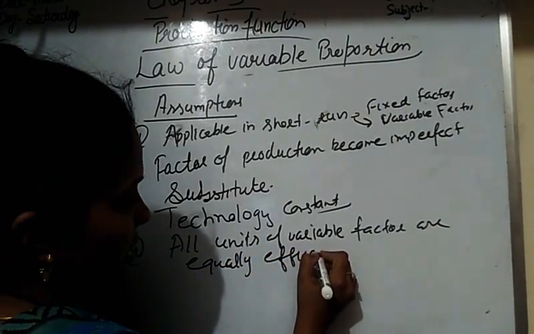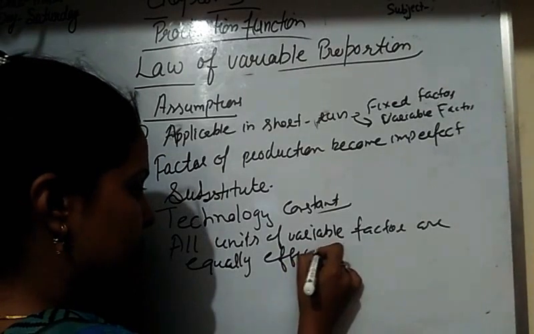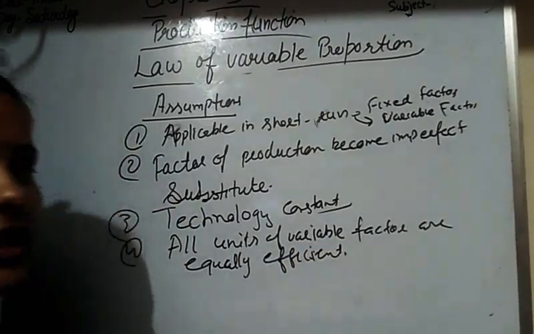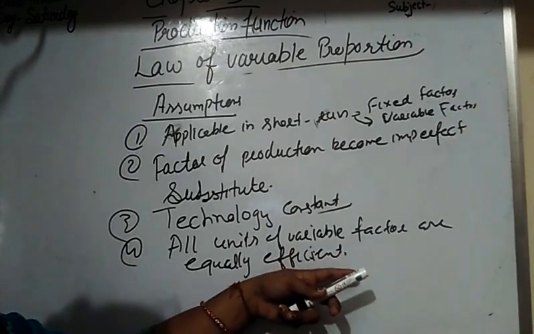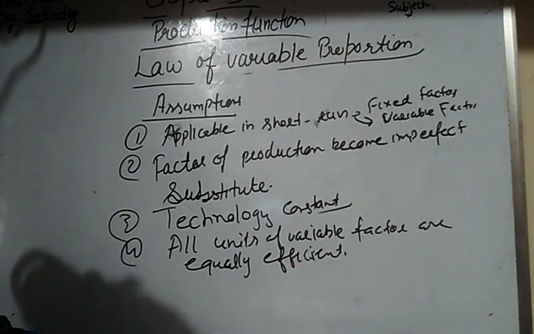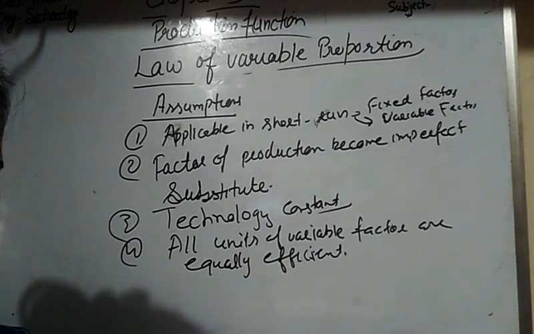Means if we are changing only one factor, it helps to increase the production. Equally efficient means if the variable factor increases, that leads to an increase in production. So these are the four assumptions, students, related to the law of variable proportion.